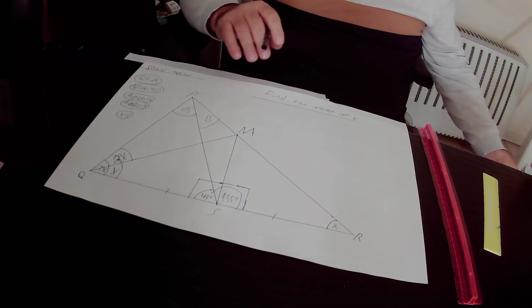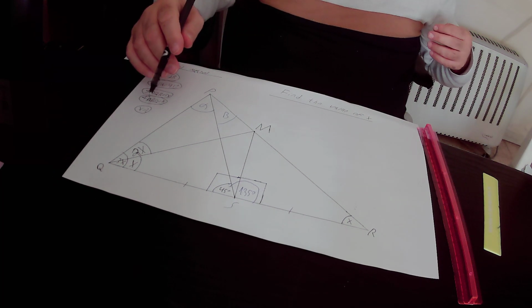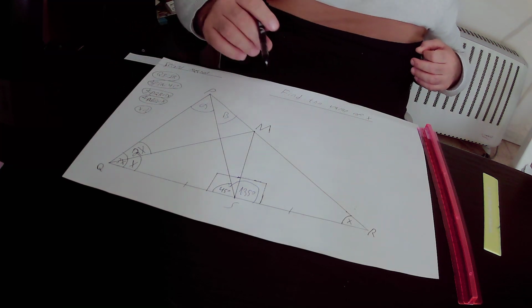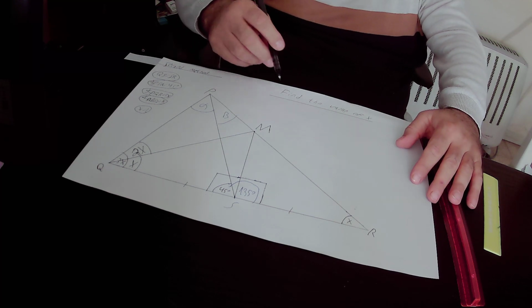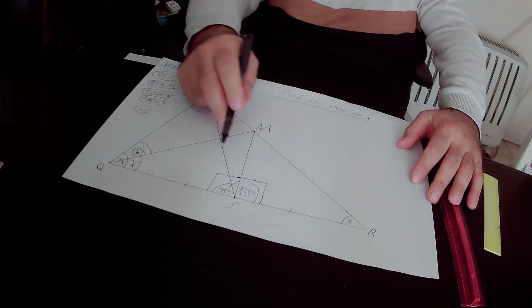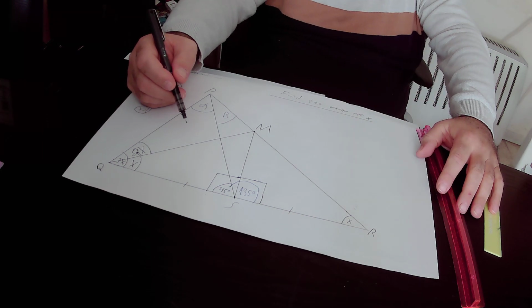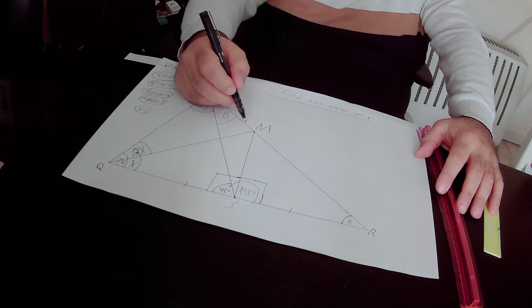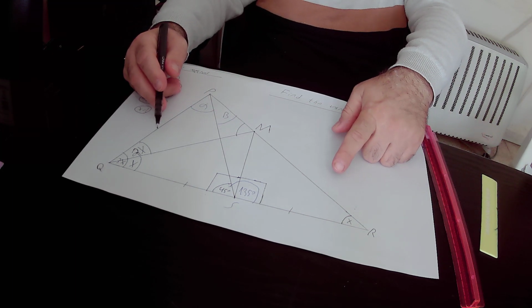And if we relate to the isosceles triangle QMR, it has two angles that are equal to x. And angle PMQ is an exterior angle of triangle QMR.